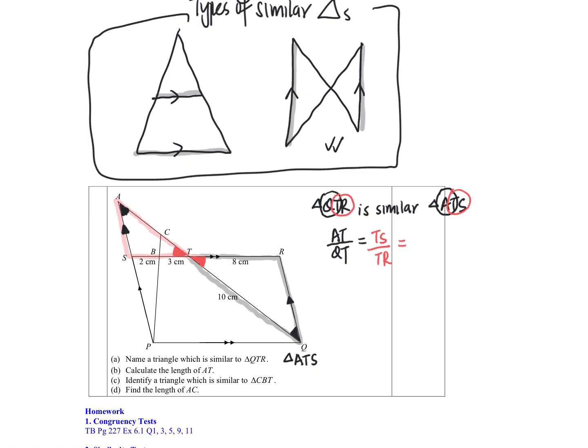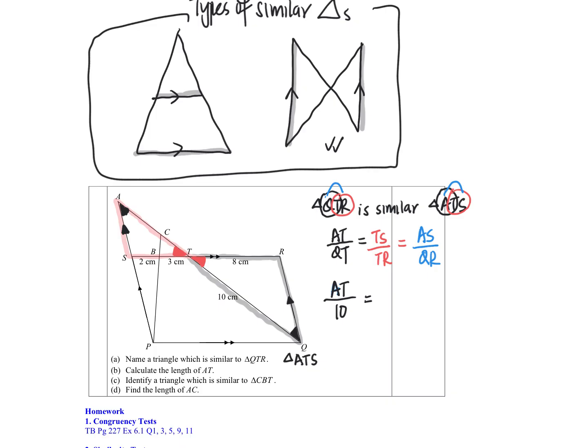Then the last pair you can establish is AS, which I must compare with QR. So why I write all three is because I don't know which pair I want to pick. But I will put in the info first, then I can decide which pair to pick. So AT, I don't know. For sure, I need to find this. QT, I know. QT is 10.